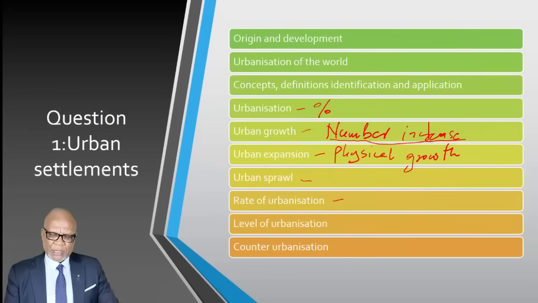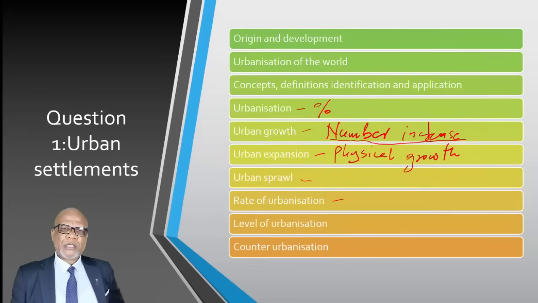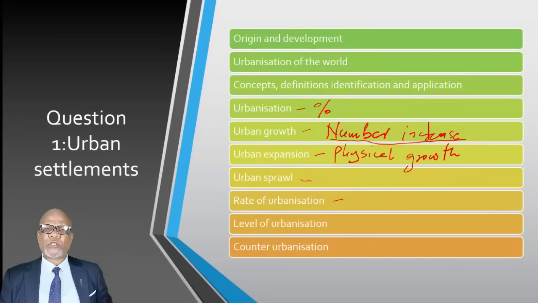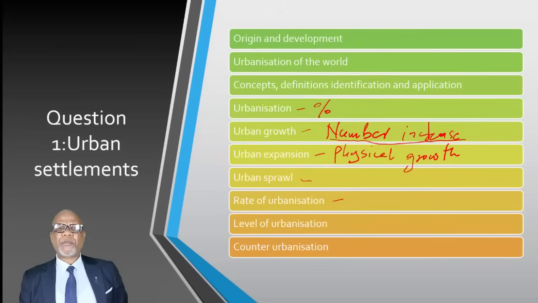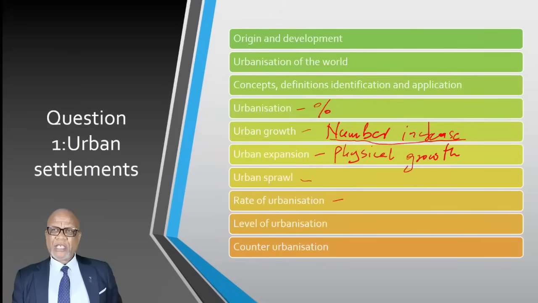So when we're looking at the rate of urbanization, we can say the rate of urbanization is slow or fast. So what is happening in poor countries? Because of poor living conditions, many people are rushing out of rural areas to urban areas.